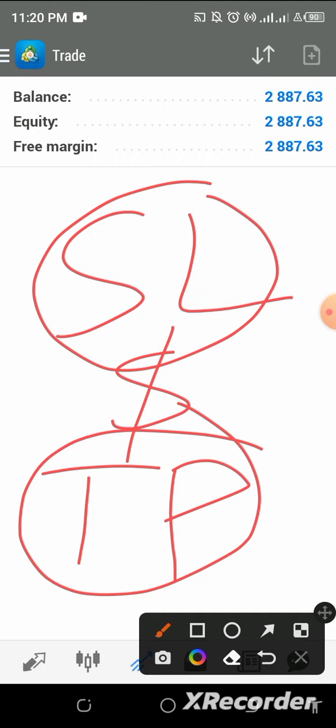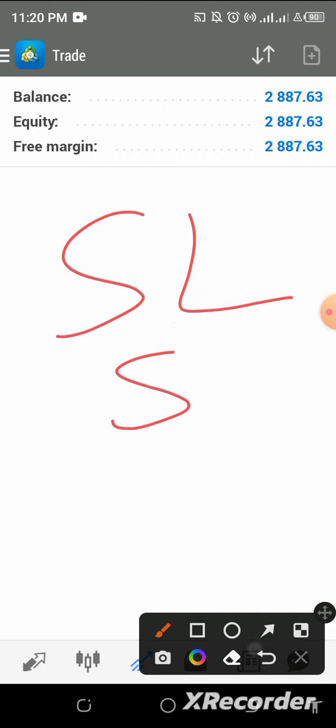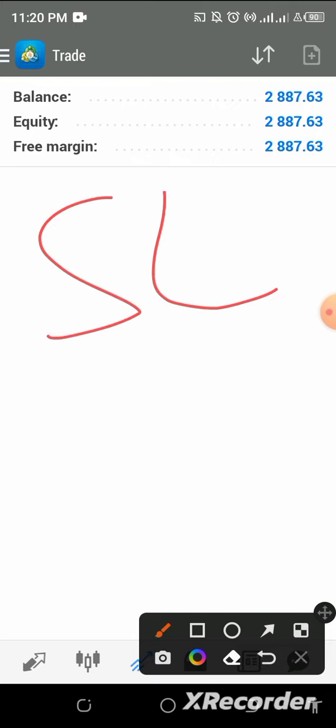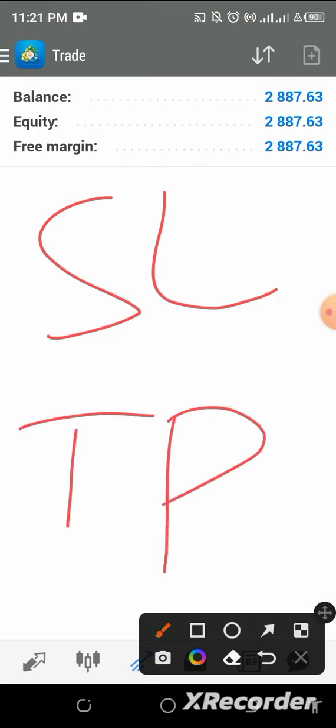If you did not use stop loss and take profit, it is very sure that the market can come against you. The stop loss is going to stop you out of the market if the market goes against you, and the take profit will take the profit if the market goes in your favor, instead of the profit turning to minus.